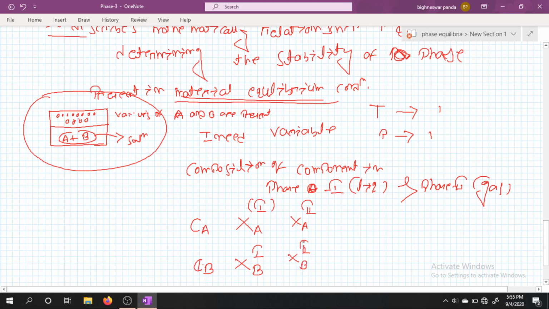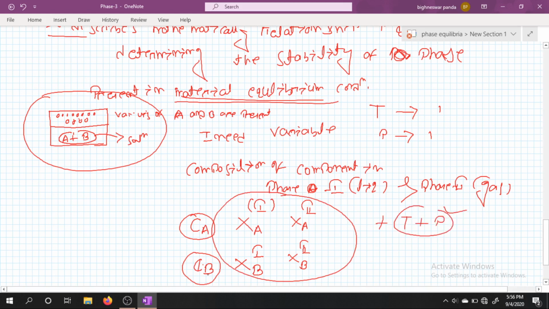A plus B is present in solution, that is liquid phase. A plus B is also present in vapor phase. So this is component 1 and component 2. So I need to define the composition or concentration of component A in one phase and component B in another phase. So I need these 4 variables plus P plus T.